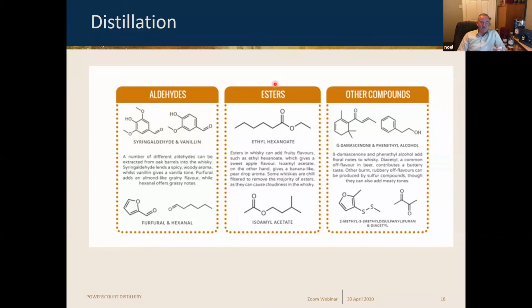It's all about the way they name these things based on their structure. And finally, the other compounds that can be produced: the one at the top is another kind of alcohol, and the one at the bottom involves sulfur. So we'll nip on to the next slide.